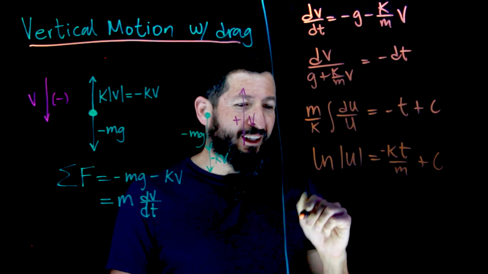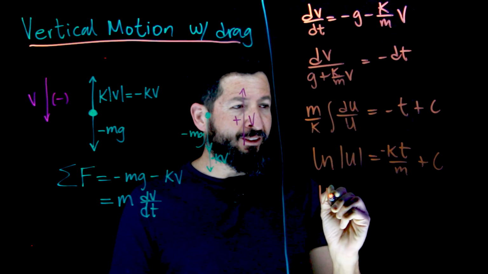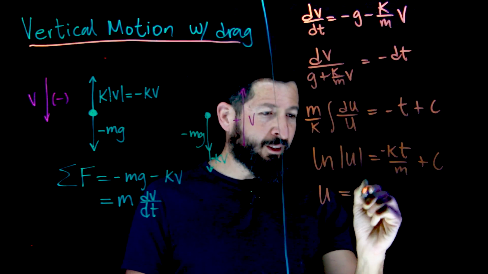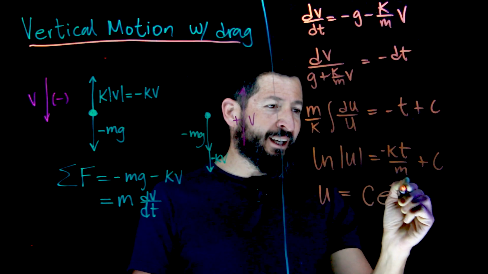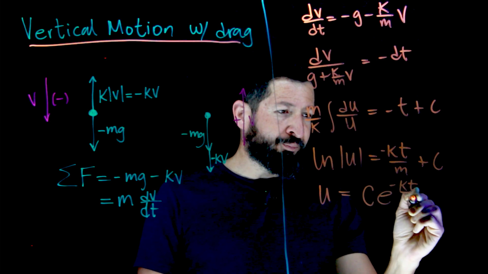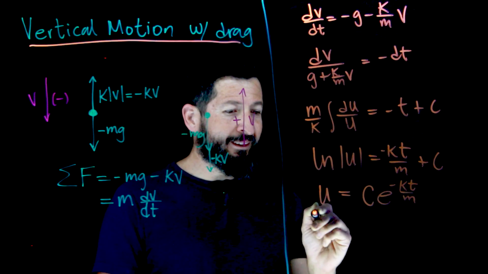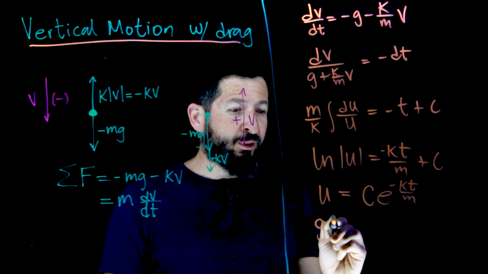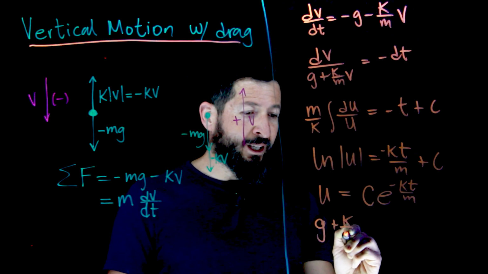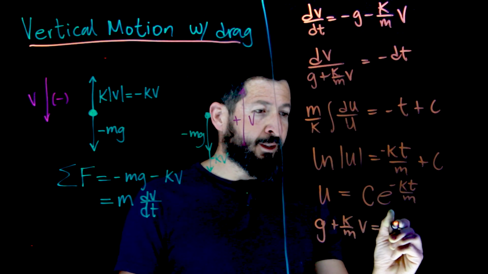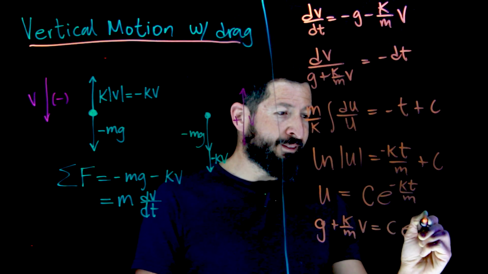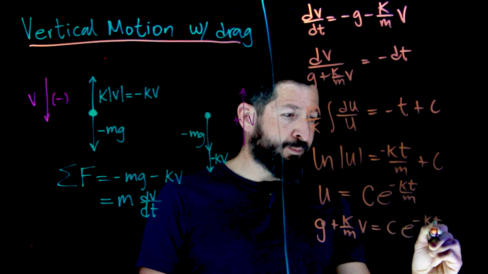So then I can exponentiate both sides to get that u is going to be equal to another constant times e to the negative kt over m. And now I substitute in what u was. So I get g plus k over m times v equals c e to the negative kt over m.